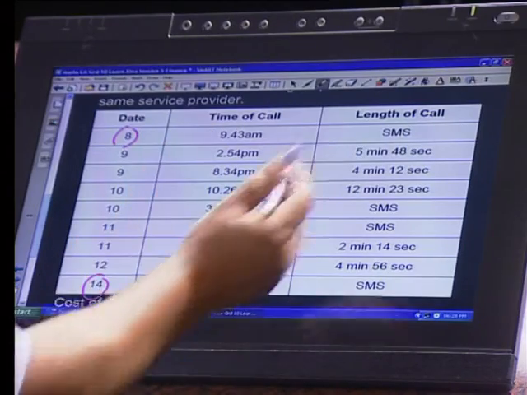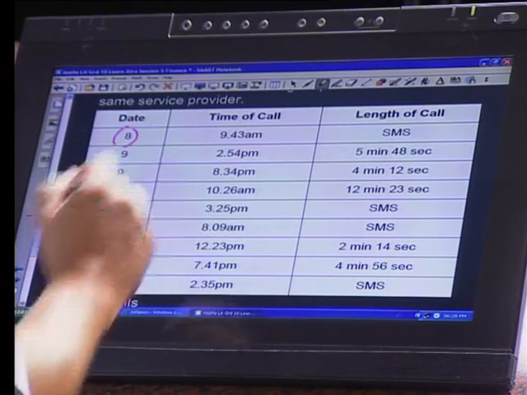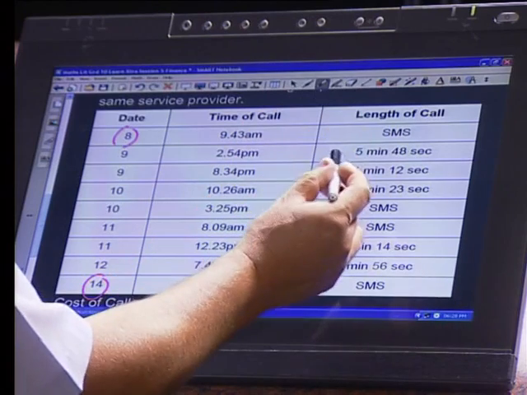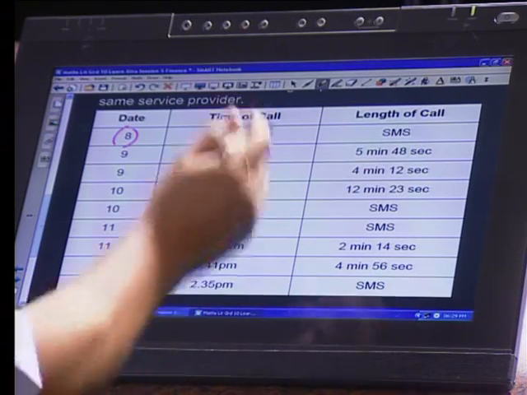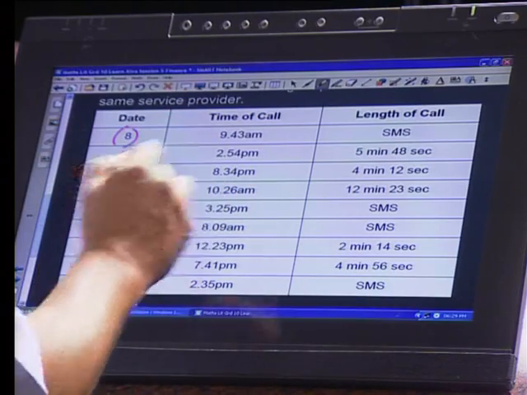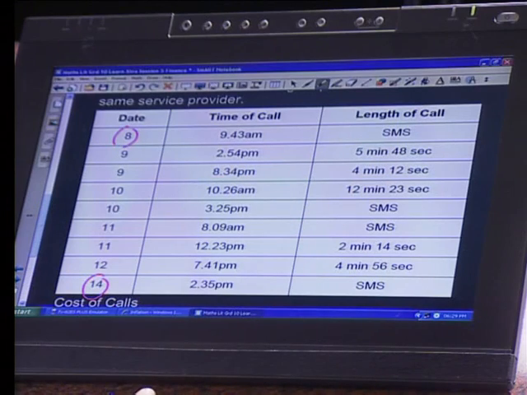And you can see on the 8th, at 9:43 a.m., I sent an SMS. On the 9th of that month, at 2:54 p.m., I made a call and I spoke for 5 minutes and 48 seconds. On the same day, at 8:34 p.m., I made another call and spoke for 4 minutes, 12 seconds.